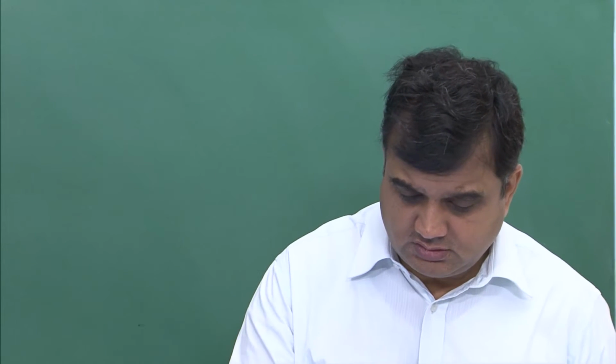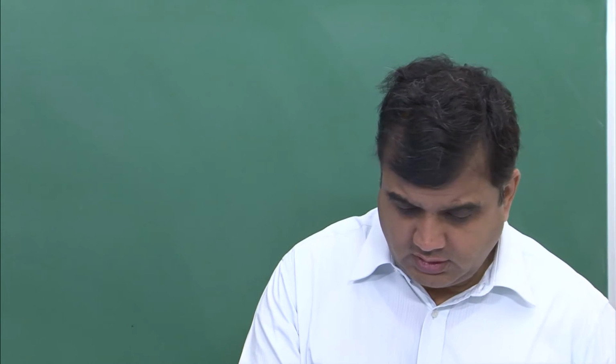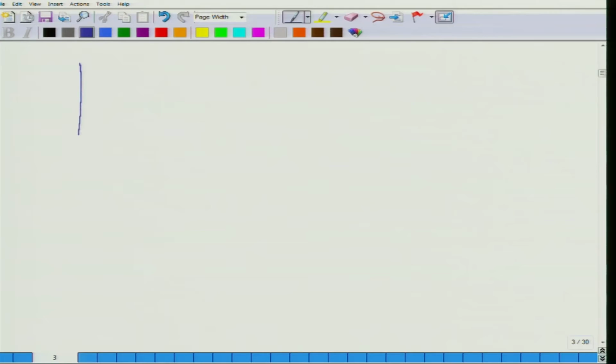So, the analogy is that suppose I have, so this is the x axis and this is y, and suppose I have a curve, and let us say this curve is y equals x cube.